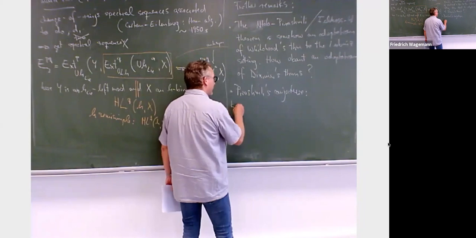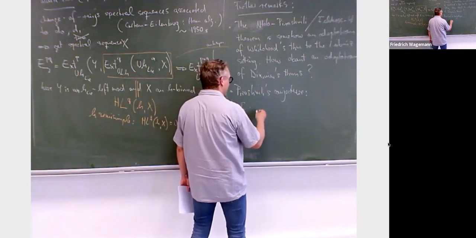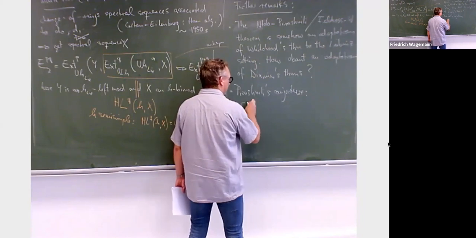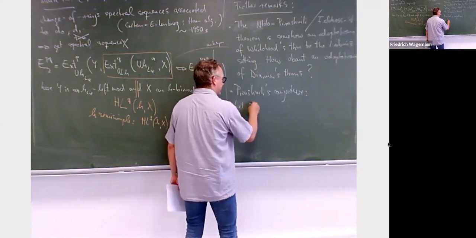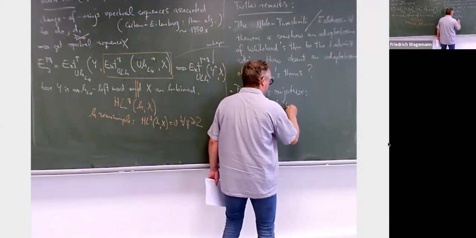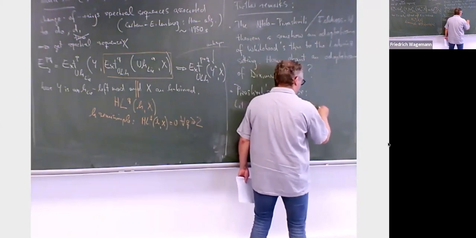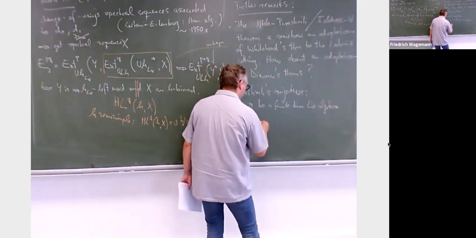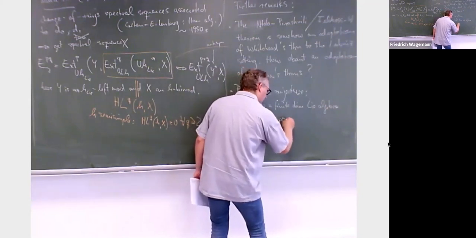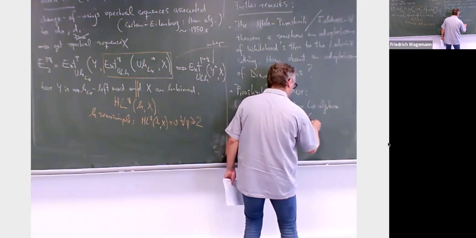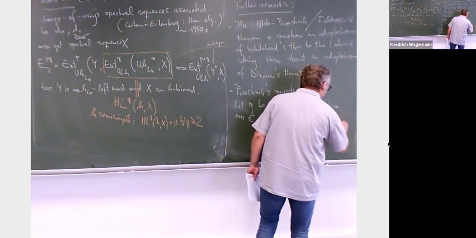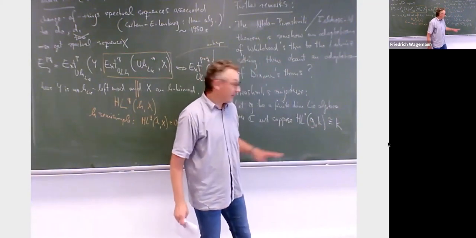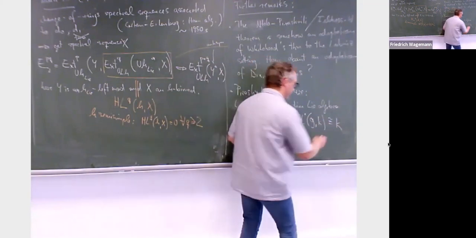Let's just say the weak version is that over C, let G be a finite dimensional Lie algebra over C, and suppose HL^dot of G, K is isomorphic to K. I mean that the cohomology vanishes in all degrees greater or equal to 1, and in degree 0 it just is K, the ground field.